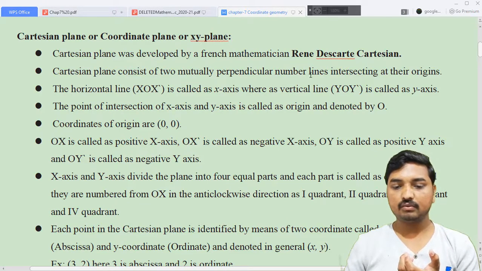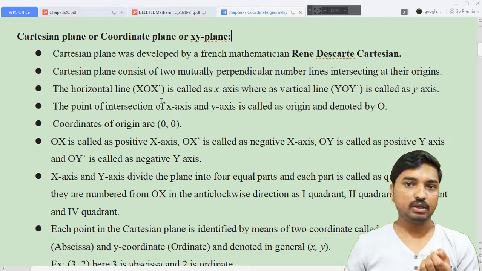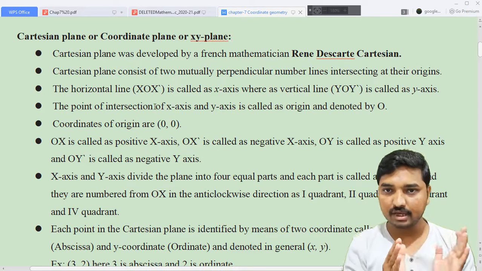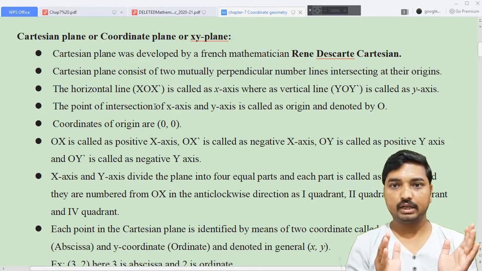The Cartesian plane consists of two mutually perpendicular lines intersecting at their origins. It is actually made of two number lines. You know what a number line is? It is a straight line on which all the real numbers are placed. In the middle, 0 is present; on the right side of 0, positive numbers are present, and on the left side of 0, negative numbers are arranged.